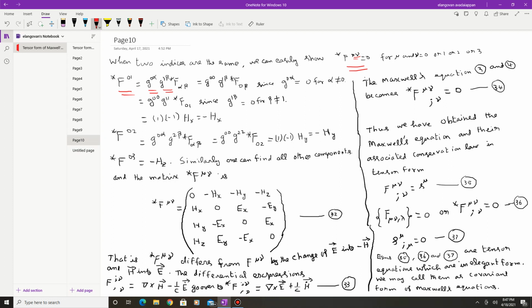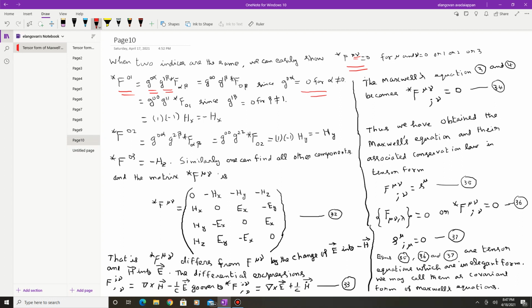So using this property, G0 alpha is equal to 0 for alpha not equal to 0. Therefore, the non-vanishing terms are G00, G11 star F01. And here G1 beta is equal to 0 for beta different from 1, because if you put 1 1, you will have a non-vanishing value.